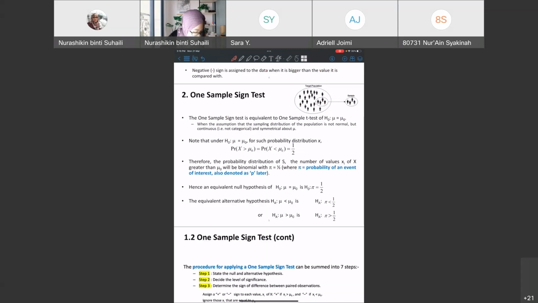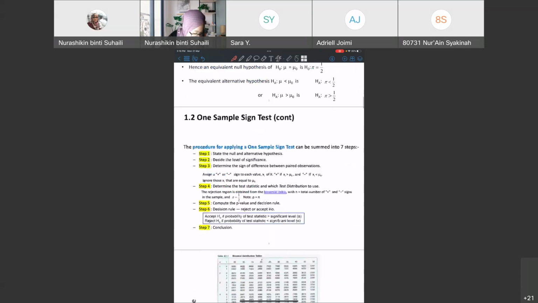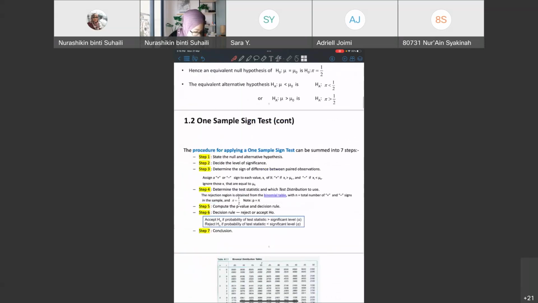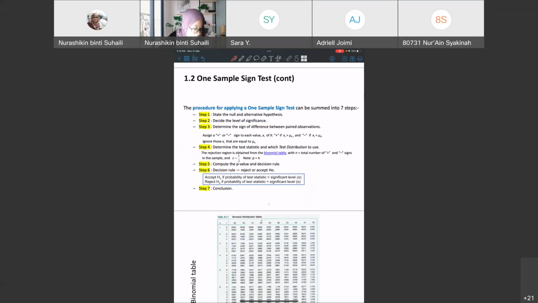I think if we go directly to the example, then it will be much clearer for you. Okay, so what are the steps? The steps for one sample Sine test. Every test that you will cover for this course has a procedure: step 1, step 2, until the last step.